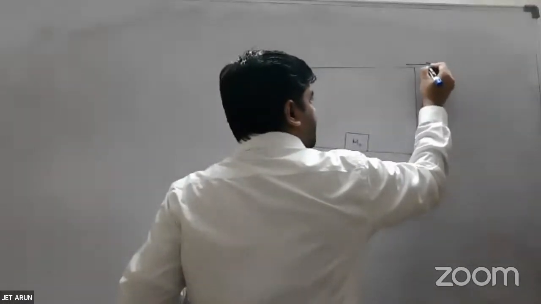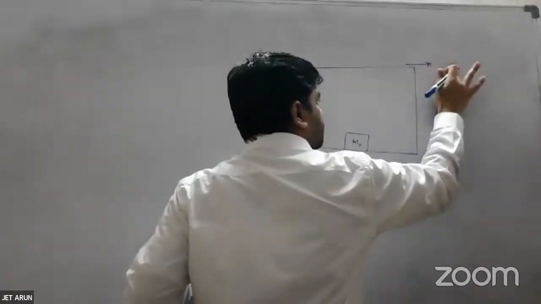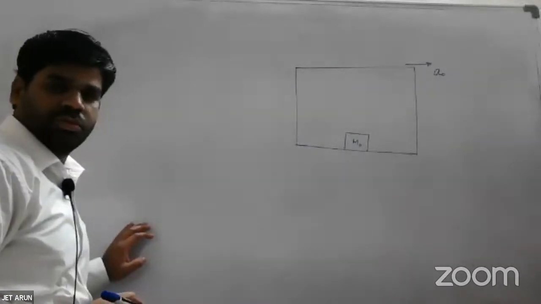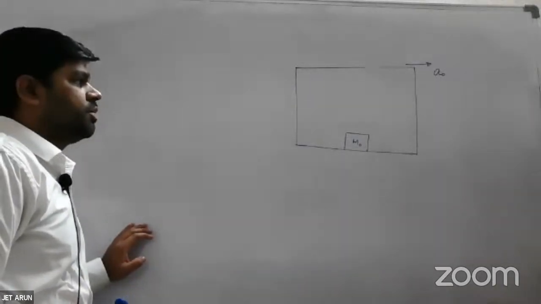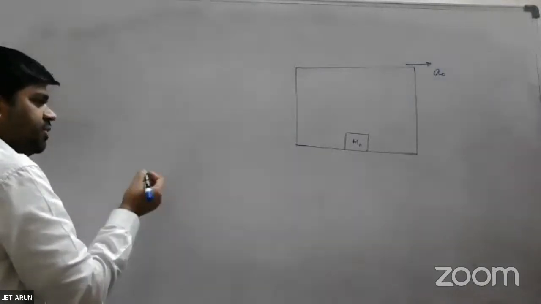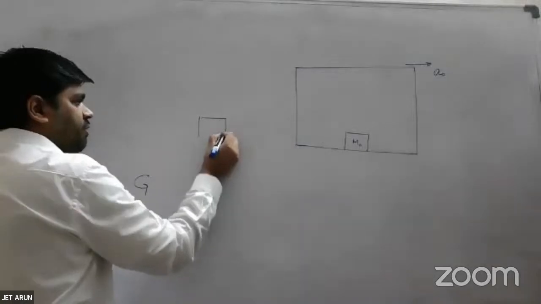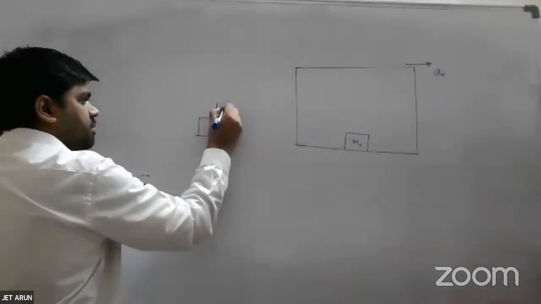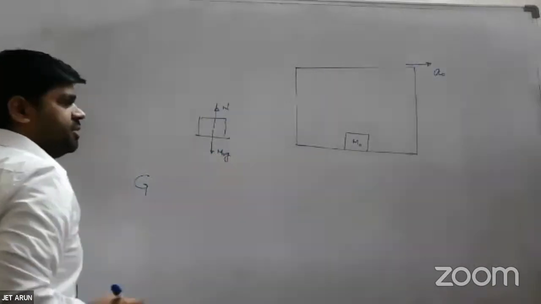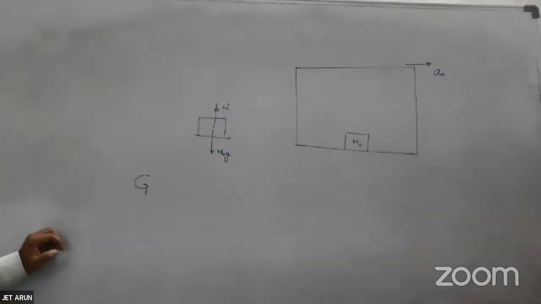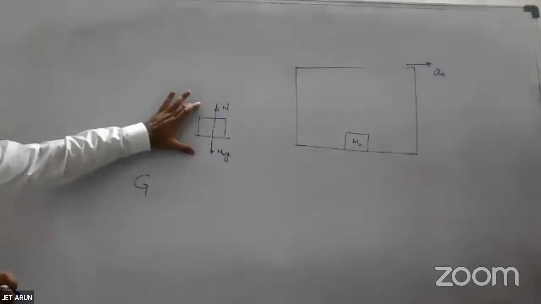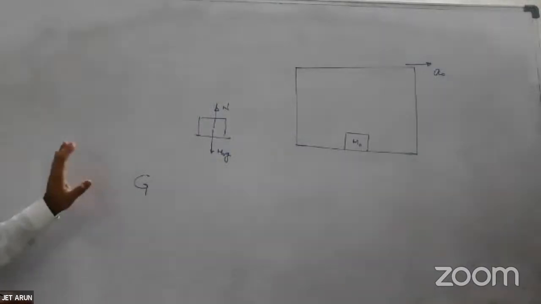This truck is traveling towards the right with an acceleration of a naught. With respect to ground, if I observe this mass, what are the forces acting on it? If I draw the FBD of the mass, I've got normal reaction, I've got mg, and that's it. No horizontal force, nothing. So it will always remain at rest. N will counterbalance mg, and this particle will remain at rest with respect to ground.